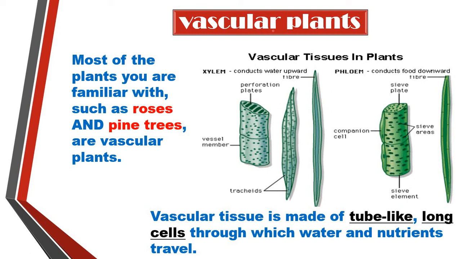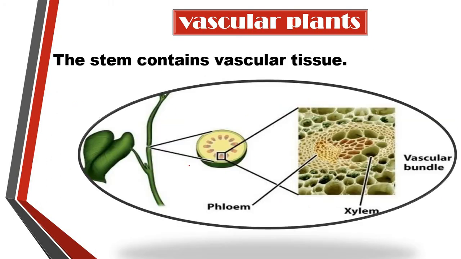So, in case of vascular plants, water and nutrients can move faster from one part of the plant to the other. This is a cut section in the stem of a vascular tissue.